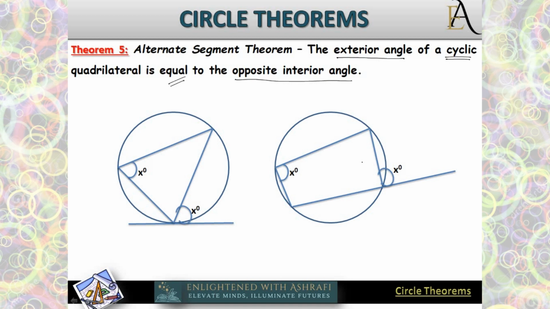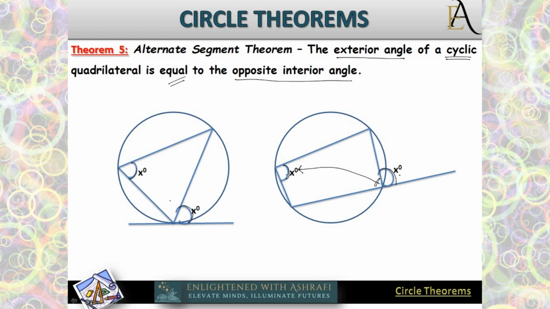So if I have a cyclic quadrilateral, then the exterior angle X will be equal to the opposite interior angle. Similarly, if it's a triangle, then the exterior angle will be equal to the opposite interior angle.